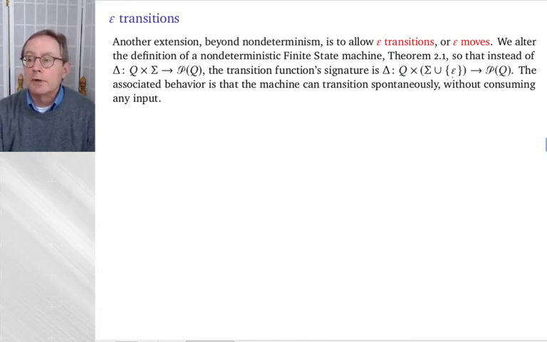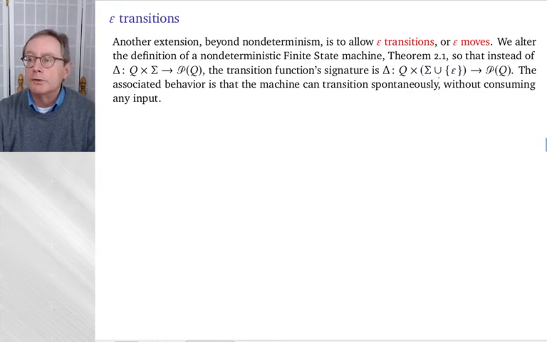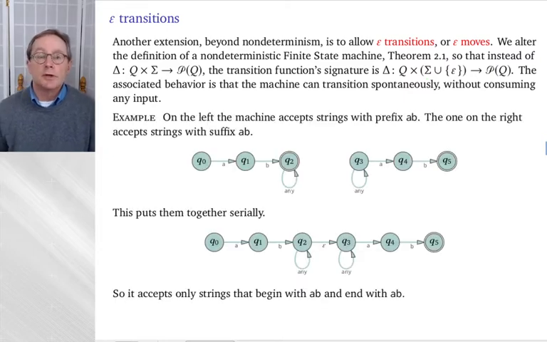Now I know that epsilon looks like the empty string, and there's some relation, but since things here are actually singleton characters, it won't be possible to confuse it with the empty string. So we'll use epsilon as the character here. The associated behavior is that the machine can transition spontaneously without consuming any input. So the machine could just jump from state 3 to state 5 if there's an epsilon transition between the two.